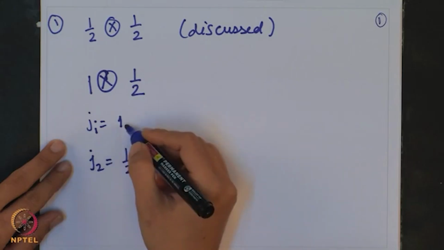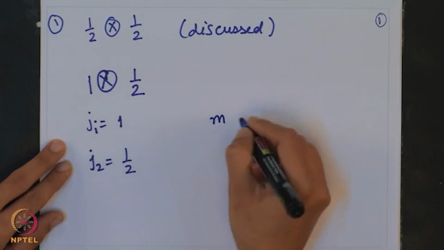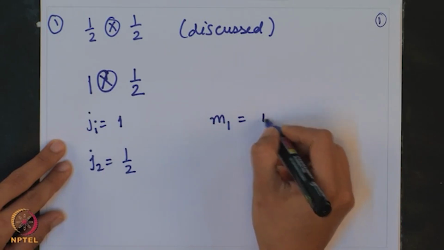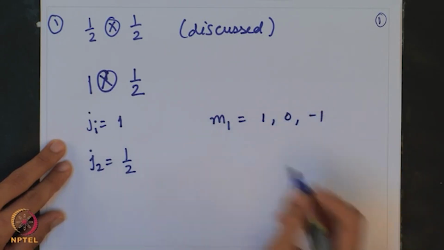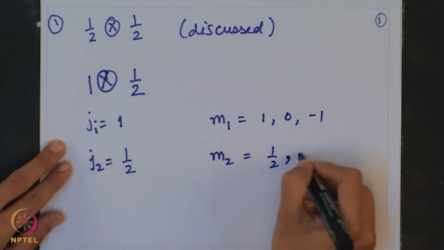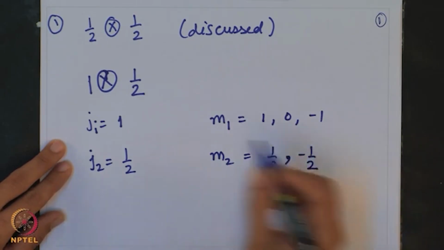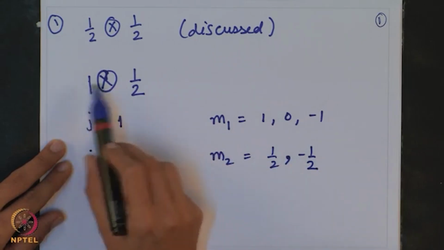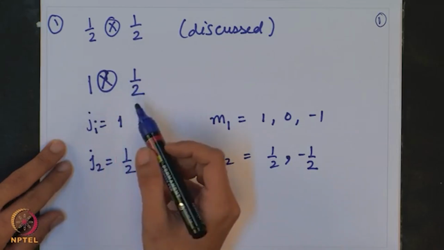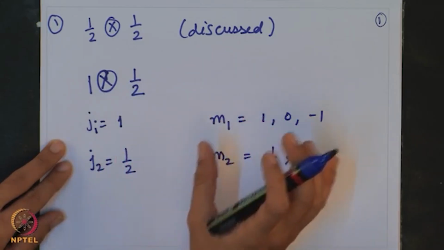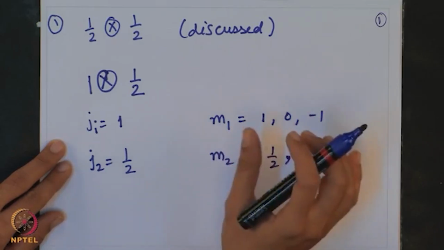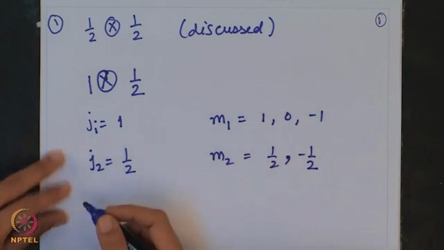When J1 is equal to 1, M1 can take values 1, 0 and -1, and M2 can take values half and minus half. You will see how easy it is to calculate these Clebsch-Gordan coefficients. Once you get the idea how to proceed, some of the terms you can just evaluate by the orthogonality condition.